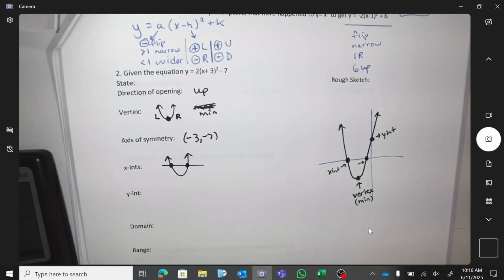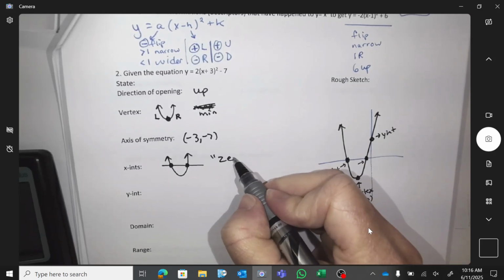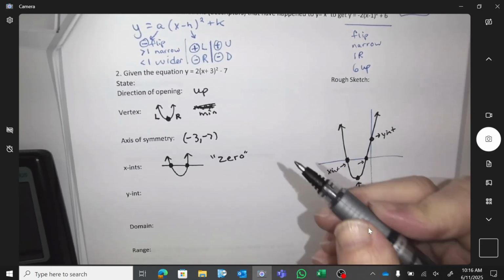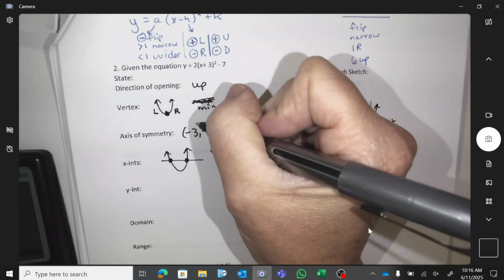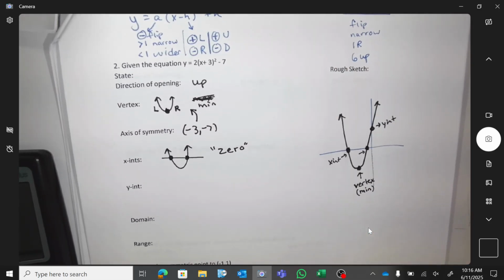Okay, x-intercepts. What's the name of this in our calculator functions? You remember that one? And it's not x-intercepts. It is called a zero. Oh my goodness, I missed a question. Vertex is that.